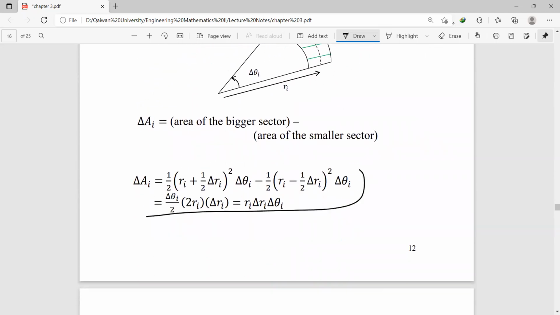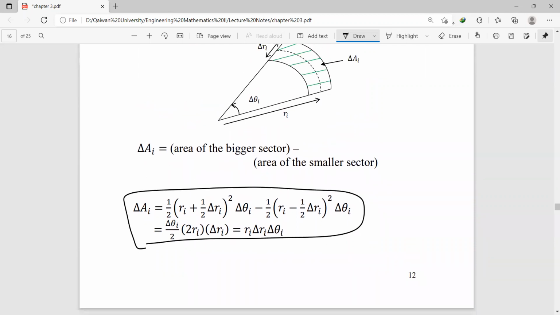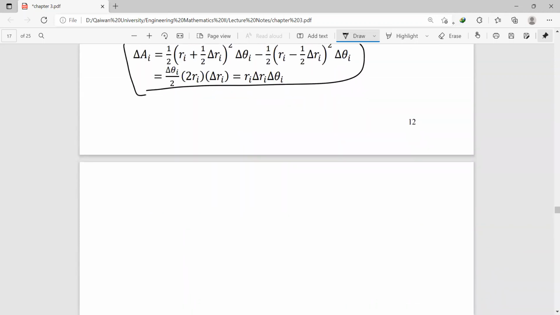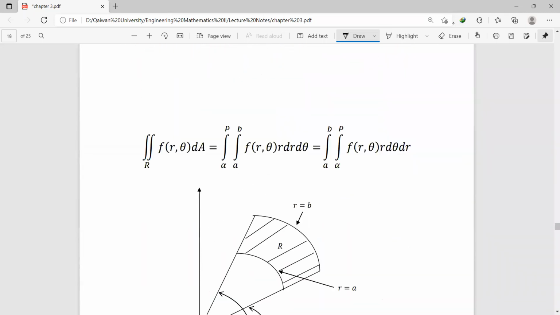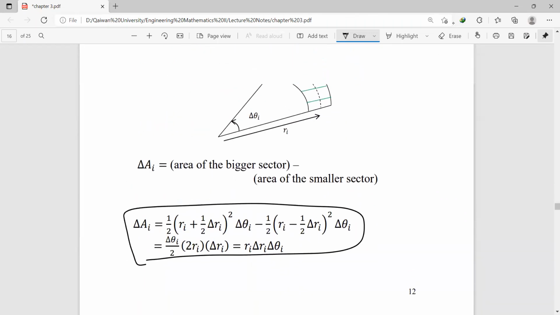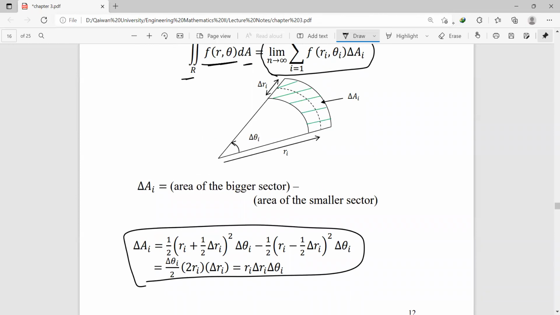We use Fubini's theorem for finding the double integrations. You don't need to use or memorize this. We use Fubini's theorem for finding double integrations in polar form. We don't use this rule.